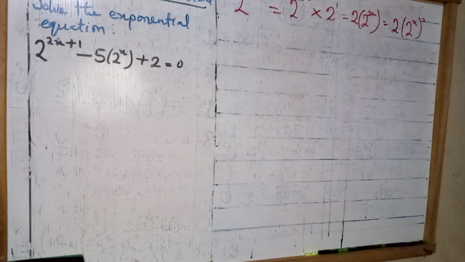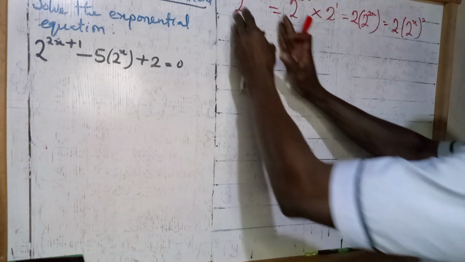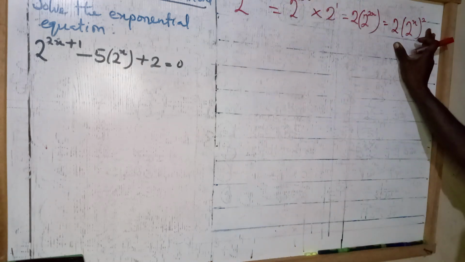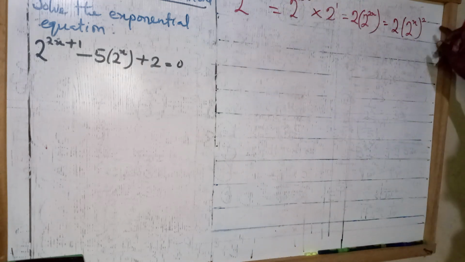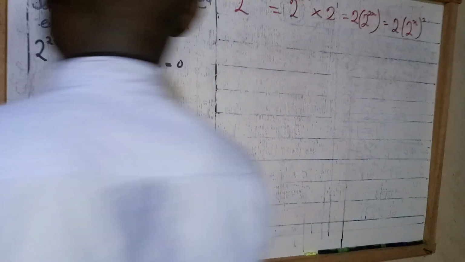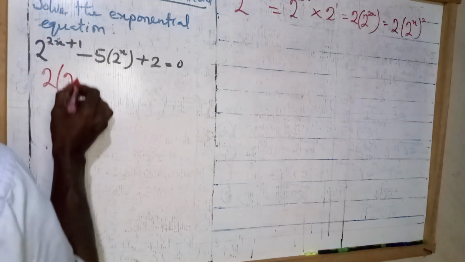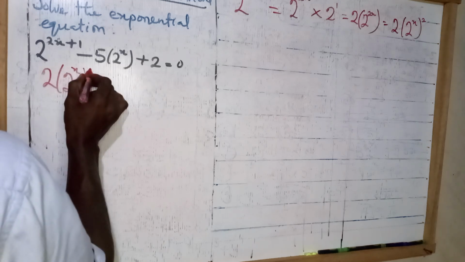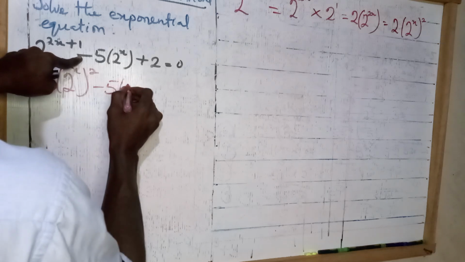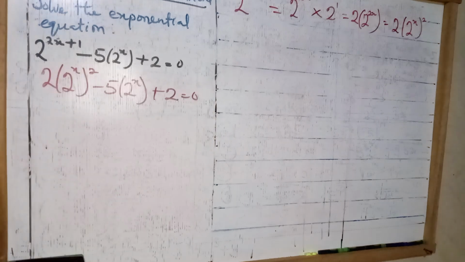Okay, so we will now replace the whole of this 2 raised to the power 2x plus 1 by 2 into bracket 2 raised to the power x everything squared, so that everything will fall aligned as 2 into bracket 2 raised to the power x everything squared, then minus 5 into bracket 2 raised to the power x, then plus 2 equals to 0.